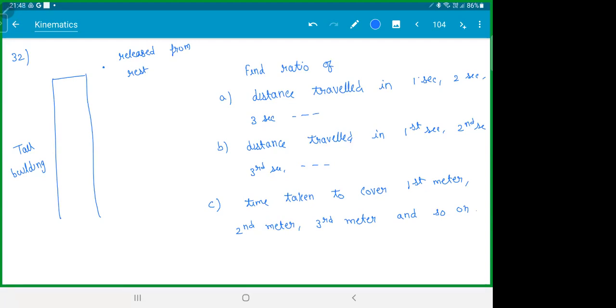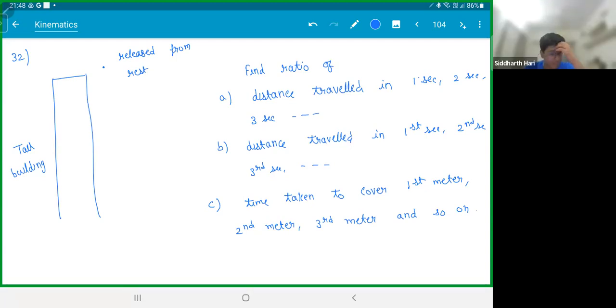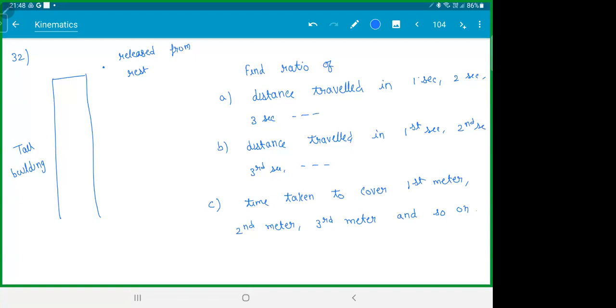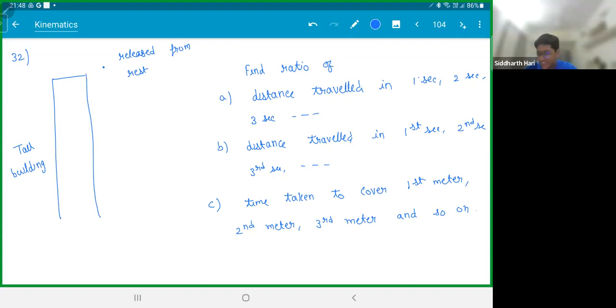Siddharth, you're secretly eating some cake. Not eating a cake. One of your seniors does that. Secretly, she starts eating cake in the middle of the class. So I was eating a protein, but that was at the start of the class. Protein is fine. Cake is more interesting. That you shouldn't eat now.